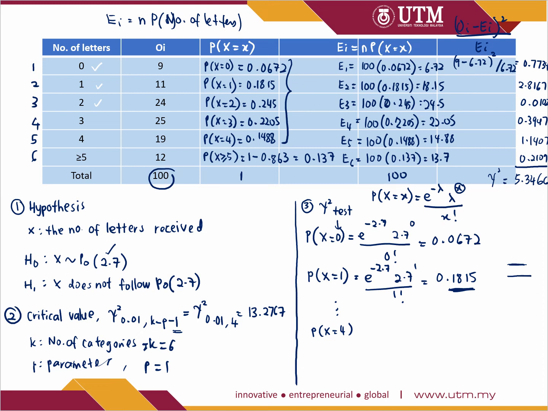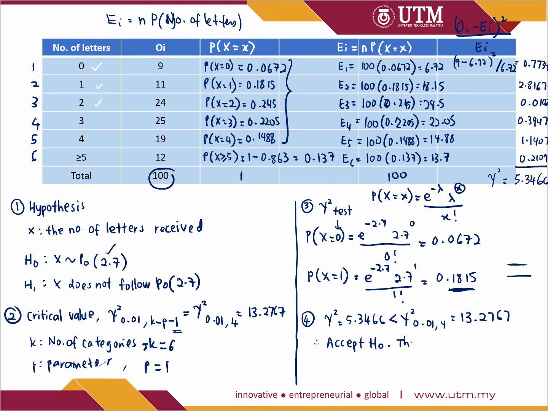Okay, so here we have the value 5.3466, which is less than the critical value. So for number 4, the chi-square, which is equal to 5.3466, is less than the critical value, which is equal to 13.2767. Since it is less than, we have to accept H0.